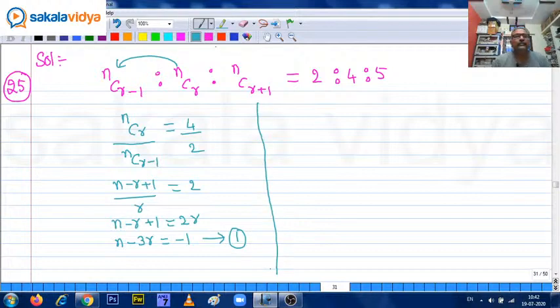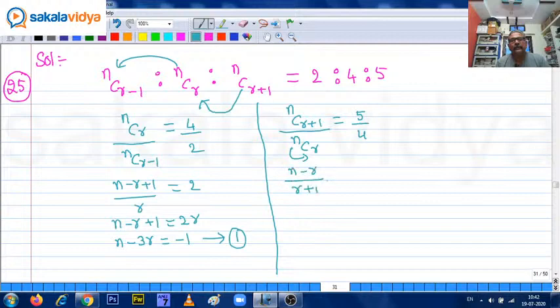Now let us move to this divided by this. Write down nCr plus 1 upon nCr, using the shortcut (n minus r) upon (r plus 1), equal to 5 upon 4.